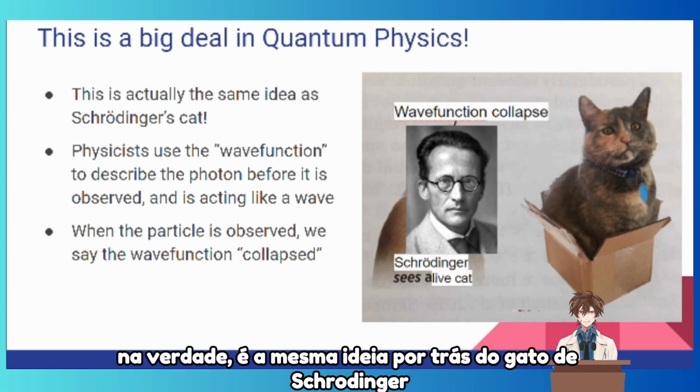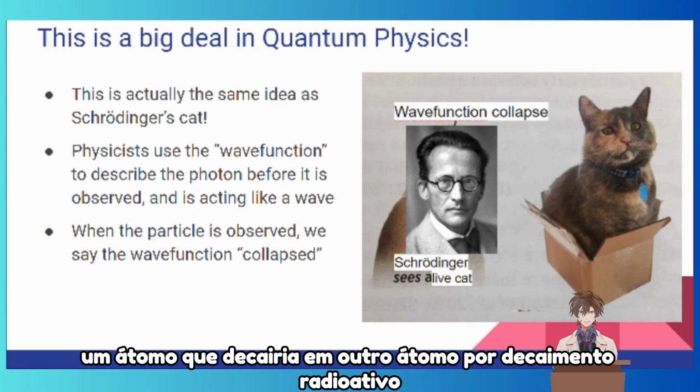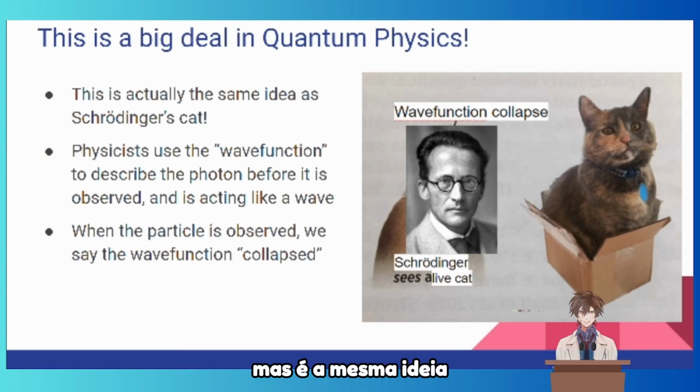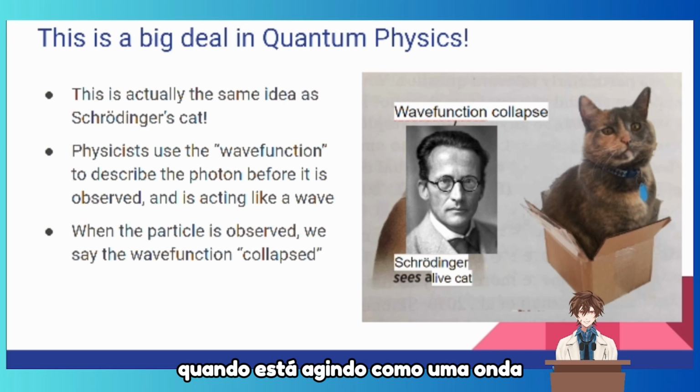It's actually the same idea behind Schrodinger's cat, except in Schrodinger's case, he used an atom that would decay into another atom by radioactive decay. But it's the same idea, and it's what we call a wave function. A wave function is basically how we describe the behavior of a particle when it's acting like a wave.